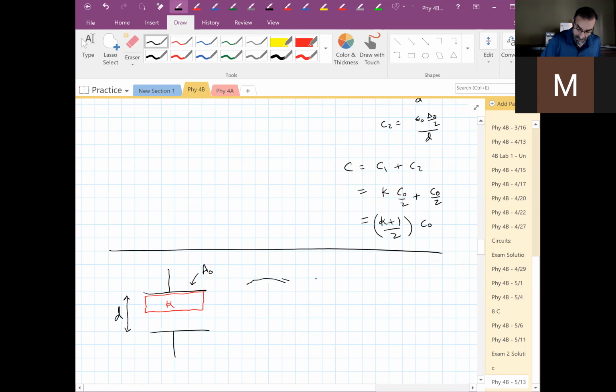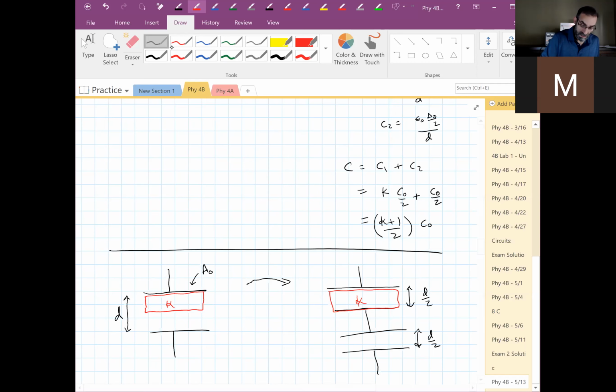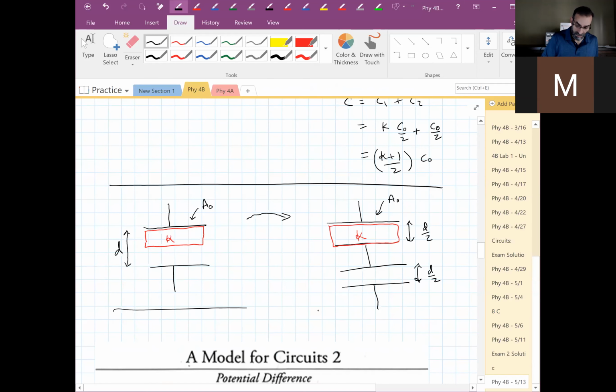This looks like two capacitors in series, where this is D over 2, and that's D over 2. This one has a dielectric in there, and the other one doesn't. Plate area is the same as it was before, and you can go through and do the math and figure out what that looks like.